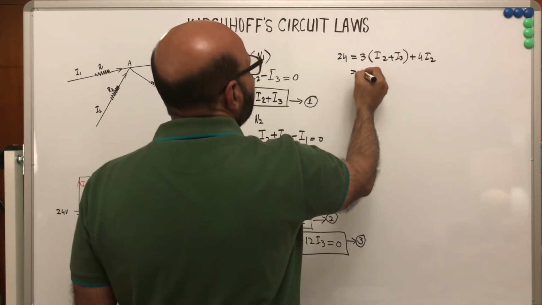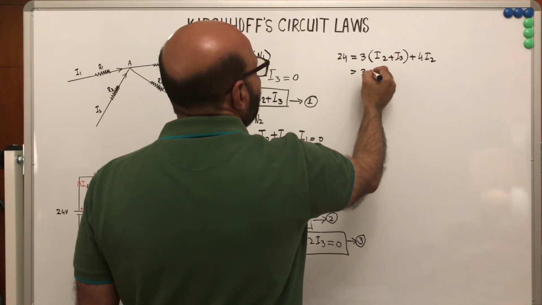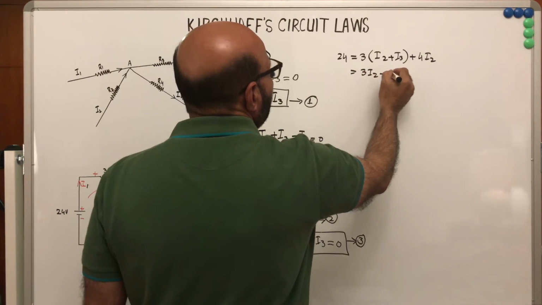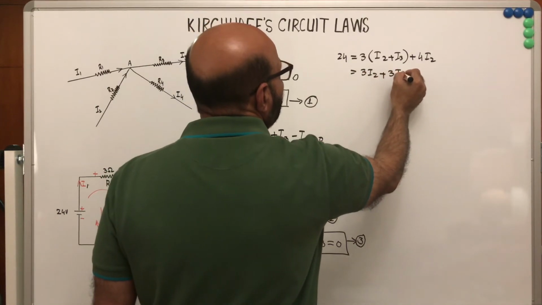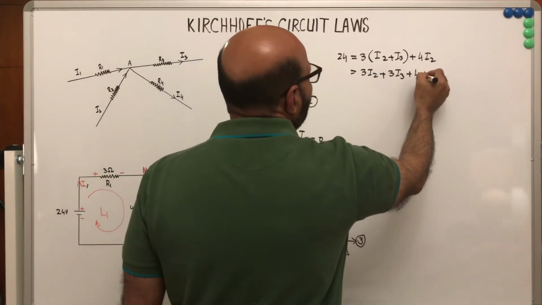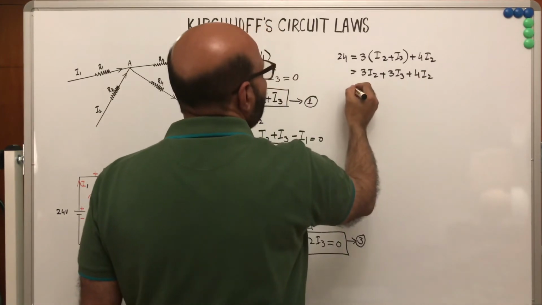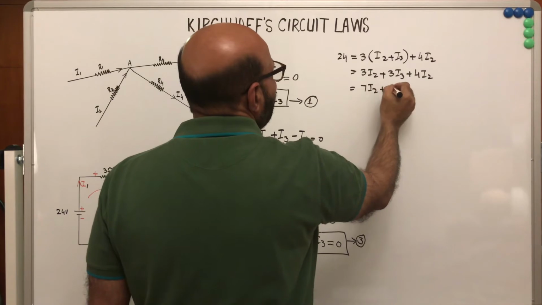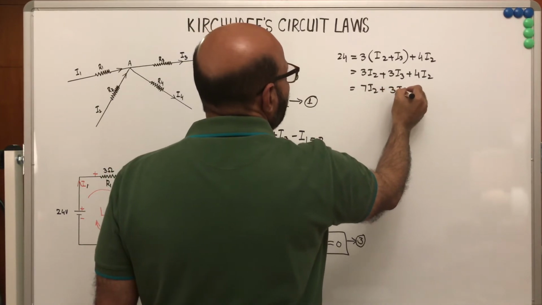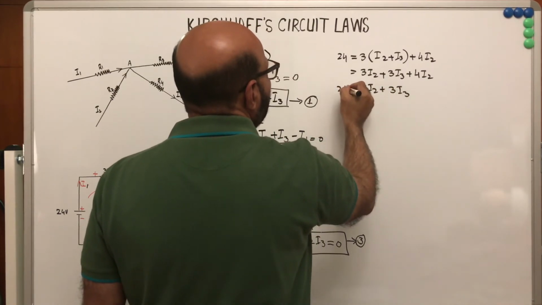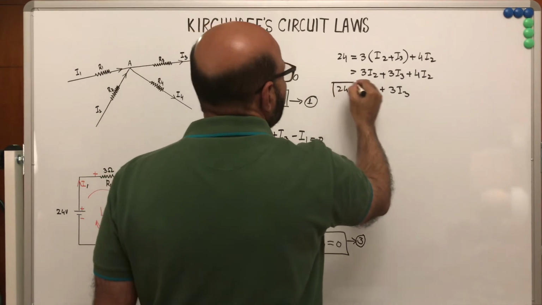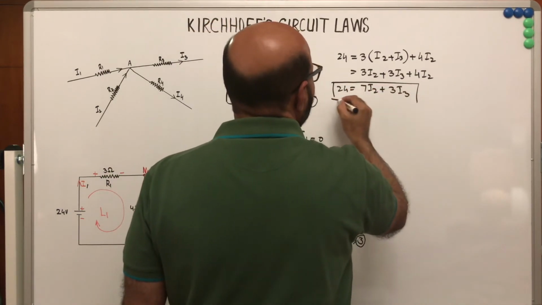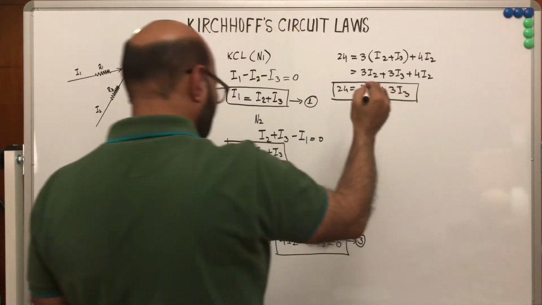Let's simplify this. 3I2 plus 3I3 plus 4I2. That makes 7I2 plus 3I3. So this is our equation 4.